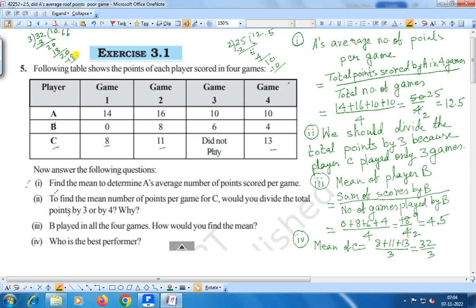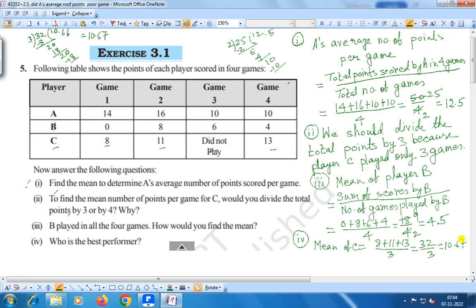It will not be divisible, therefore you can write it as 10.67, rounded off. Right? Now if we compare all the means, the mean of A is 12.5, the mean of B is 4.5, and the mean of C is 10.67.